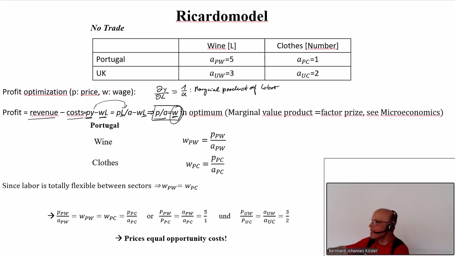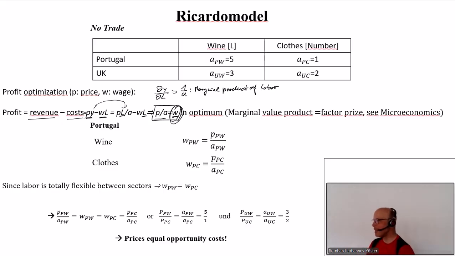So on the left side, marginal product times the price is the marginal value of my input factor labor, and this is equal to the wage I pay in the sector.